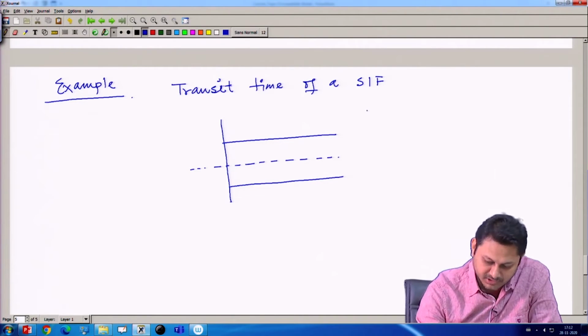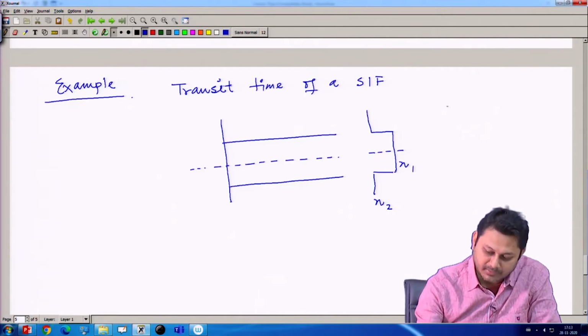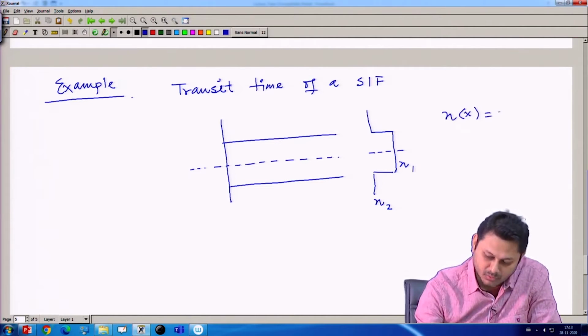This is the cross sectional view of an optical fiber having step index profile. I am drawing the profile here. So, this is my N1 and this is my N2, where N(x) is equal to N1 when x is less than a, equal to N2 when x is greater than a.